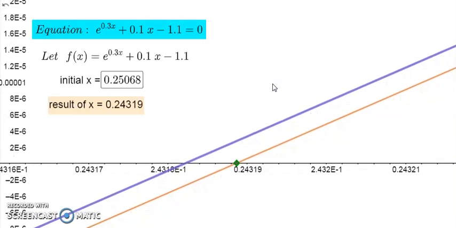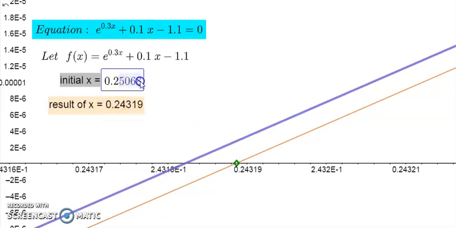Then next, what I do now is repeat the process again. I use this resultant x value and substitute it into the initial value to form another tangent line, where the tangent line will pass through a point on the curve with the x coordinate 0.24319.